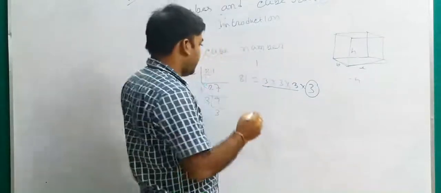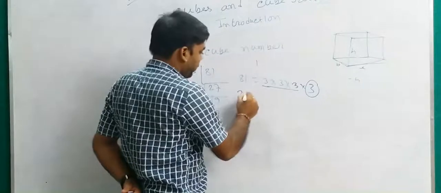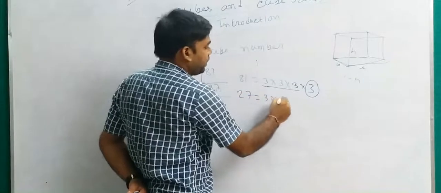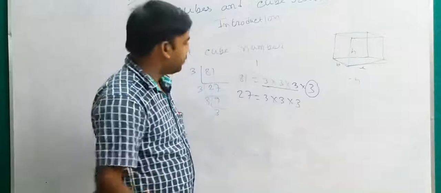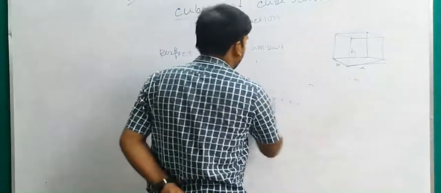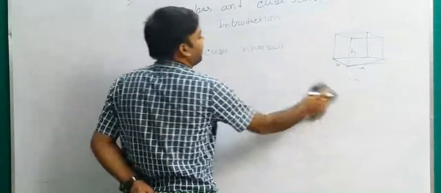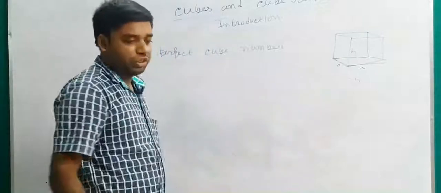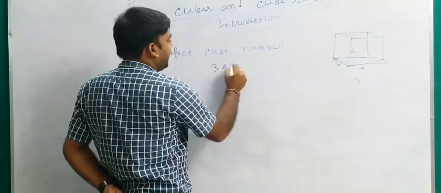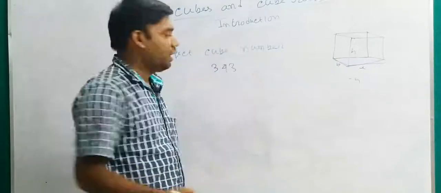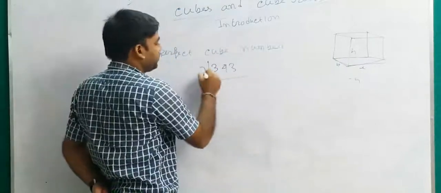Another one, 27, that is the product of three 3's. 27 is a perfect cube number, but 81 is not. Now 343. Is 343 a perfect cube number? Let us check.